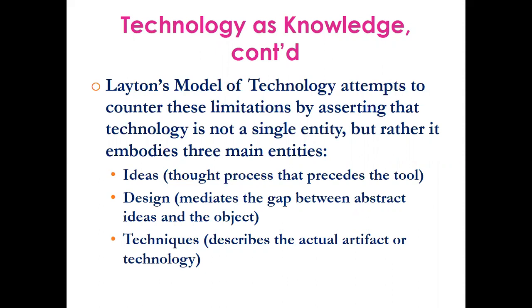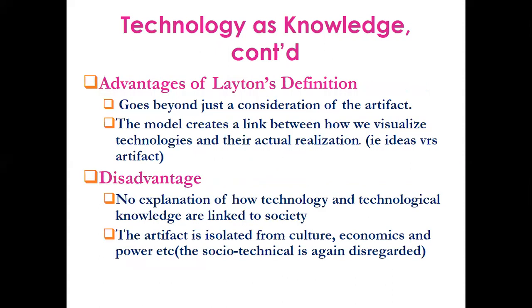Technique describes the actual artifact or technology. So this is an attempt to modify the metaphorical definition of technology as knowledge. Here, it's saying that technology is not a single entity, but rather embodies three entities.